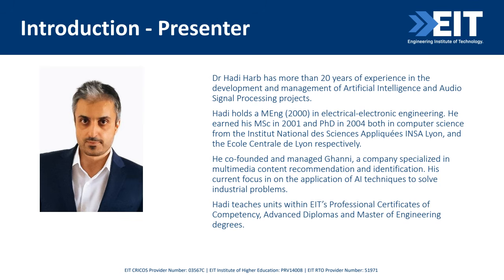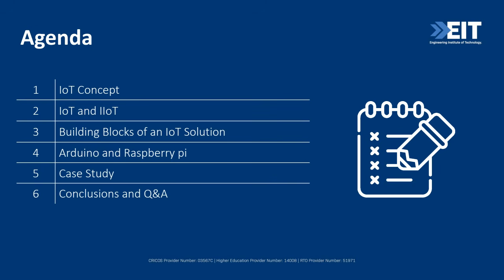So let's get directly into our topic today, which is Internet of Things, as you know. So we'll look into what is the IoT concept, the difference between IoT and IIoT, Internet of Things and Industrial Internet of Things. In fact, there's a difference. Then what you would need to build an IoT solution. What are the building blocks for IoT?